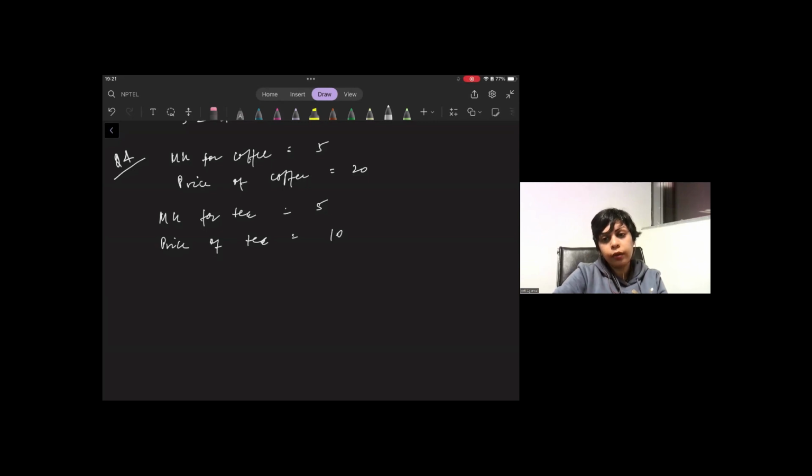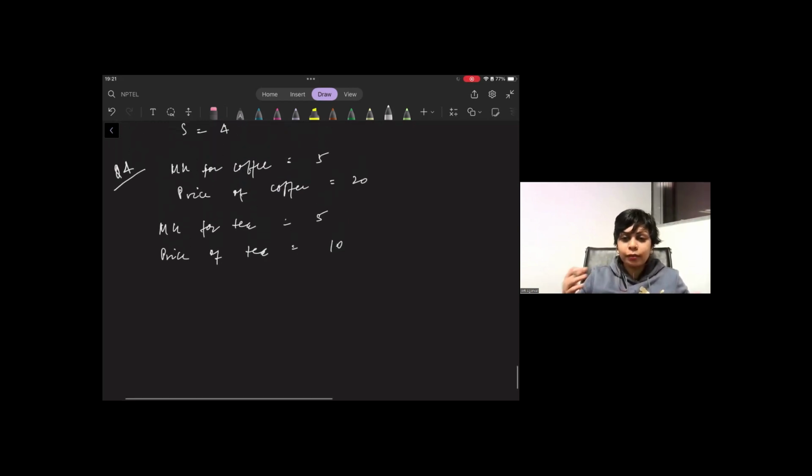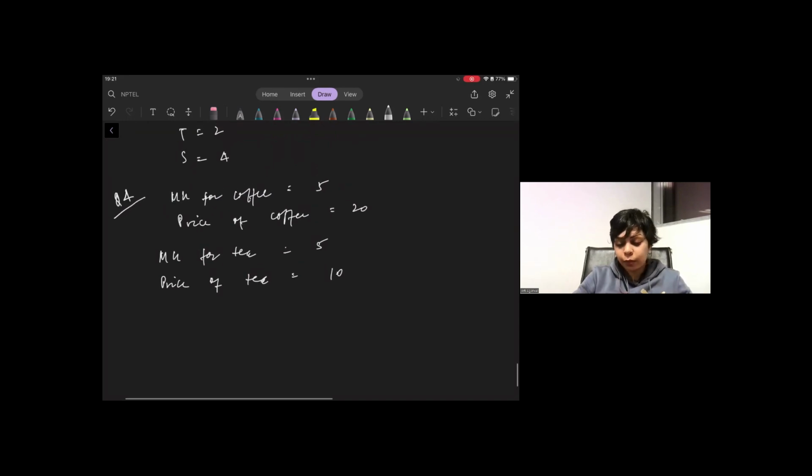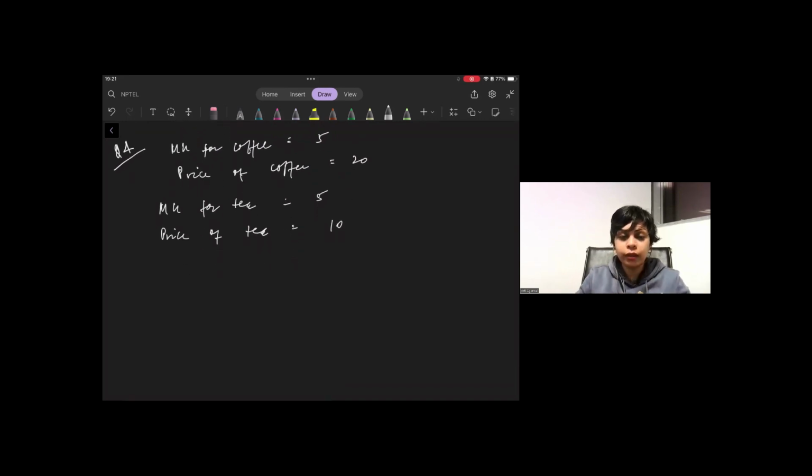What we're trying to understand is which one of the two is giving me more bang for the buck. It's a crude American expression. Bang for the buck means how much you're getting for every dollar or every penny or every rupee you spend.